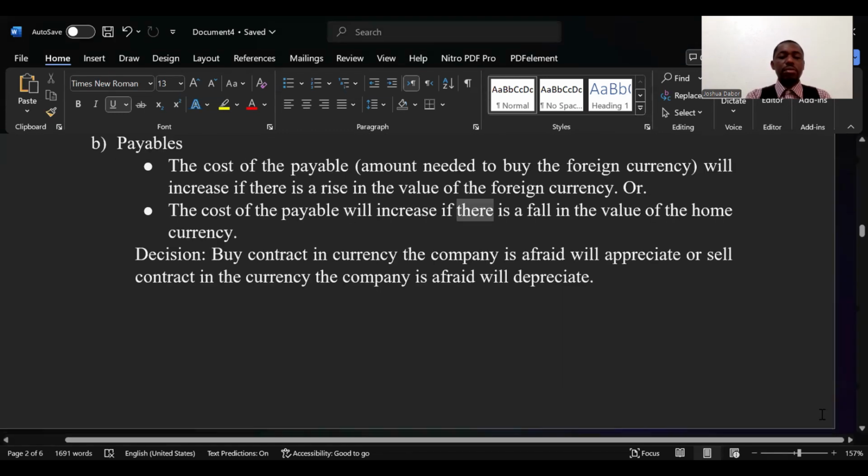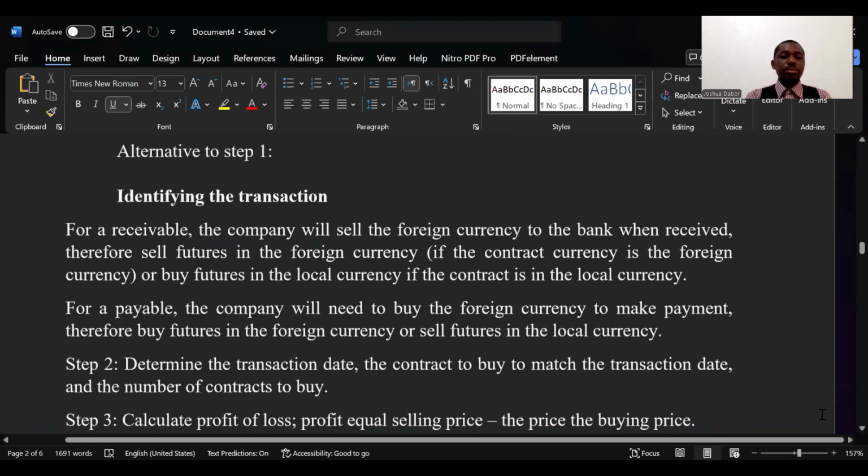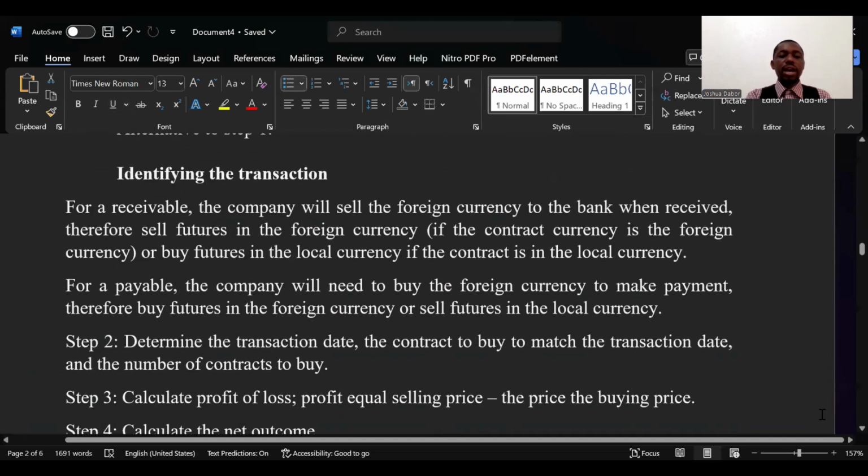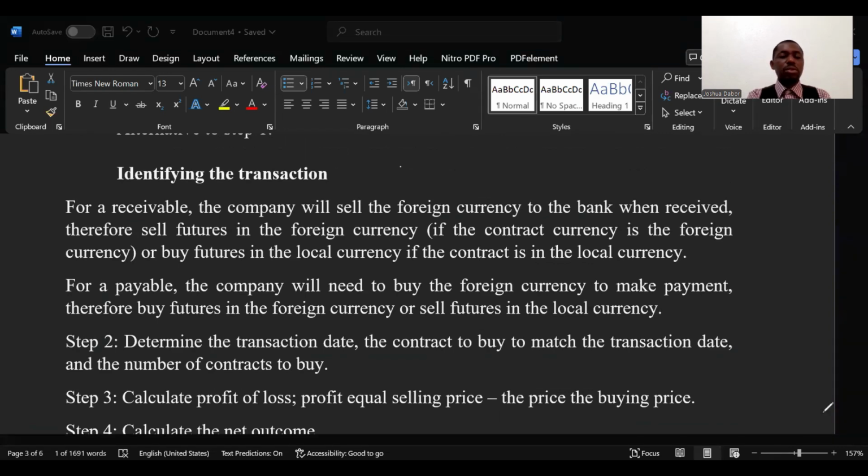Okay, so a recap again for the transaction. You want to identify the transaction, if it is a receivable or a payable. For the transaction, the first thing you want to do is to identify the transaction. For a payable, the company wants to make payments.